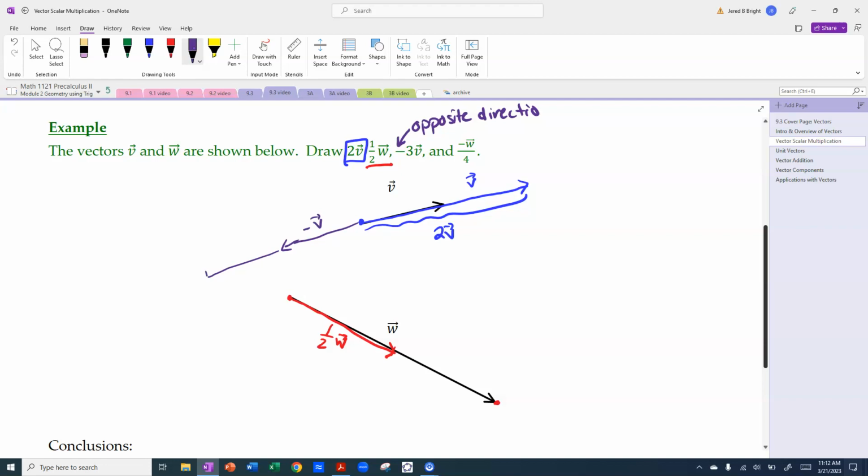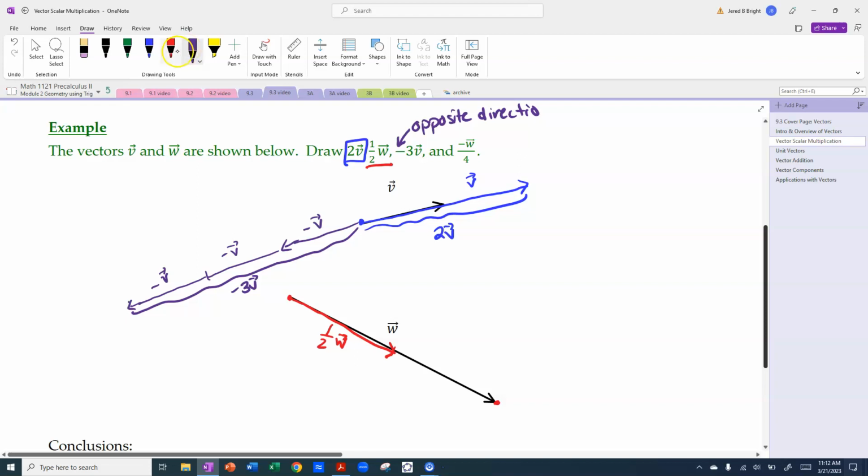So maybe there's one, and then a second one, and then maybe here's a third. Okay, so this is going to be minus v, this is another minus v. So in total, this distance here is minus 3v.